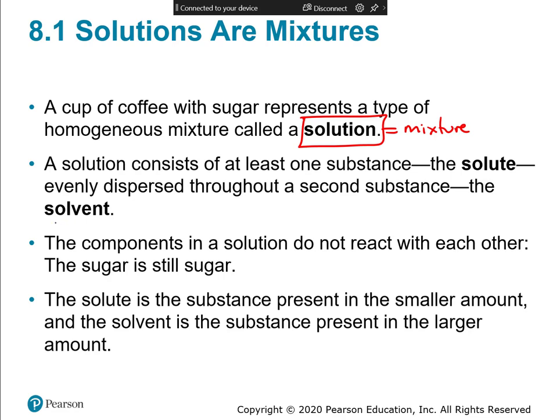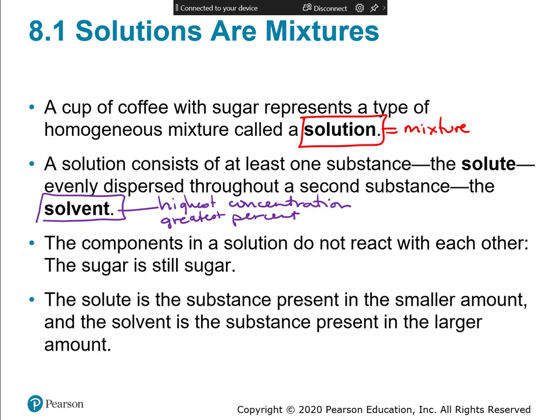Well, the thing that is found in highest concentration is the solvent. It is the highest concentration, the greatest percent. That is always going to be the solvent.